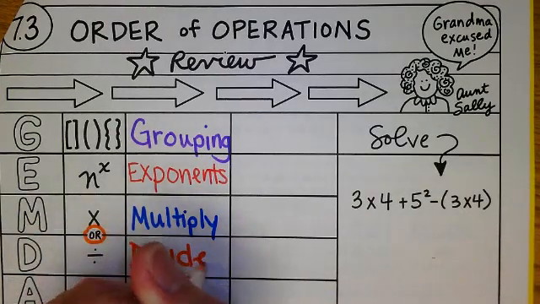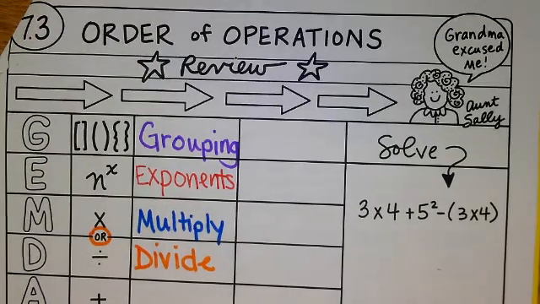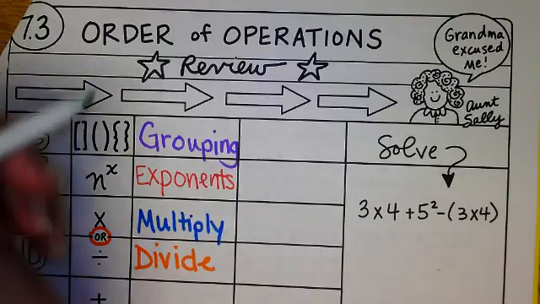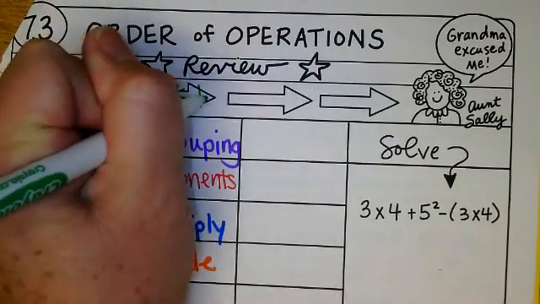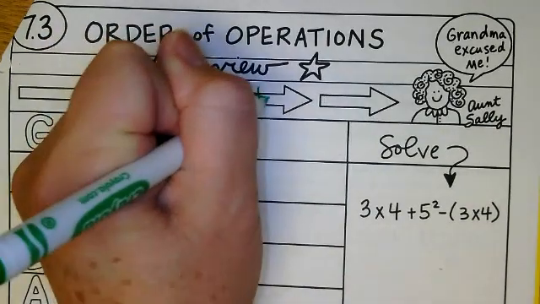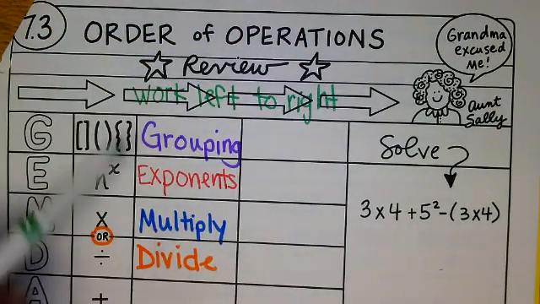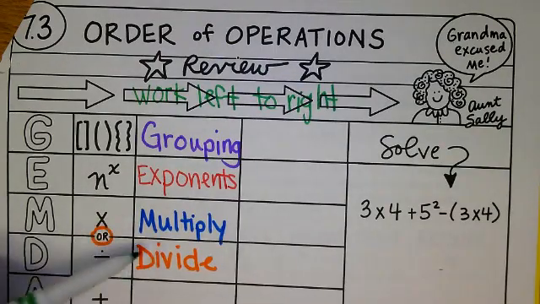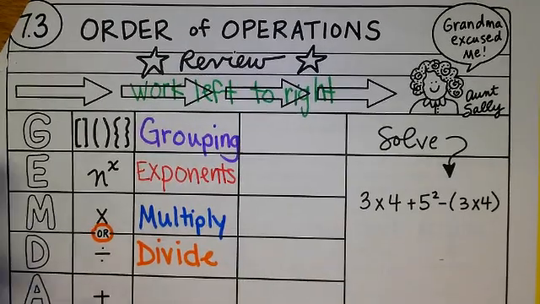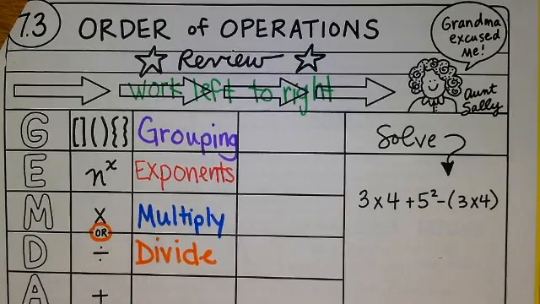You are going to work left to right, just like you read a book. As you come into multiply and divide, you go with whichever one you run into first. The same scenario happens with adding and subtracting.